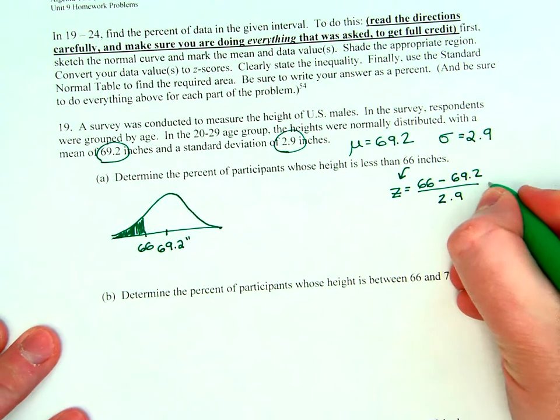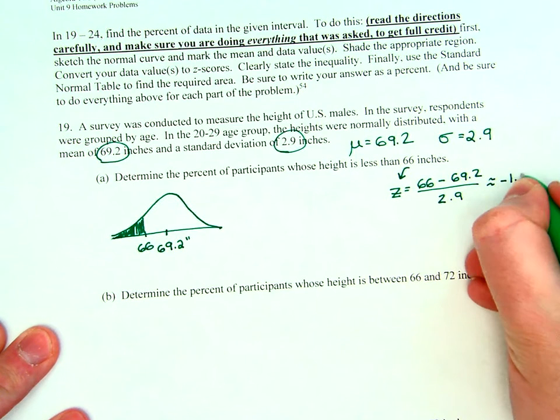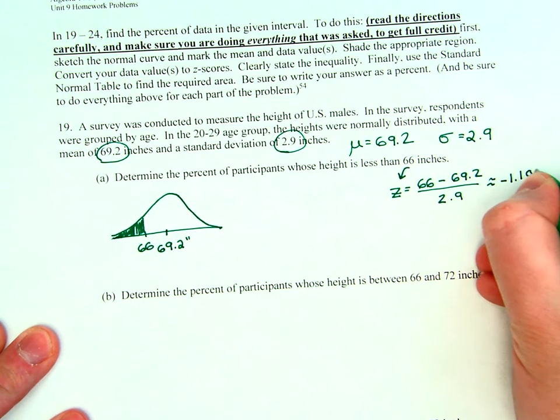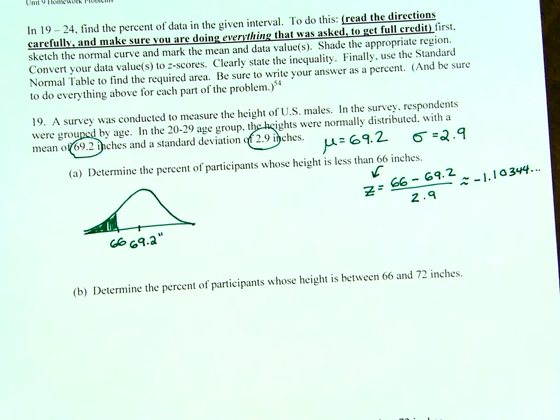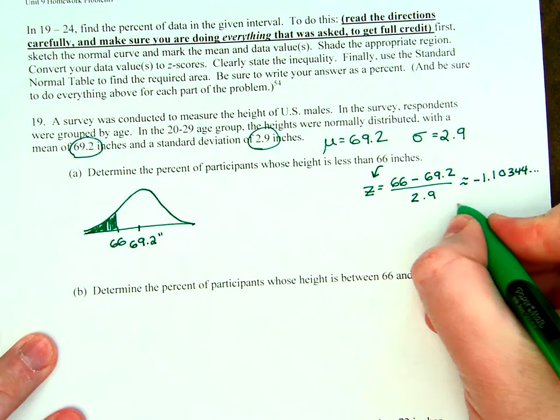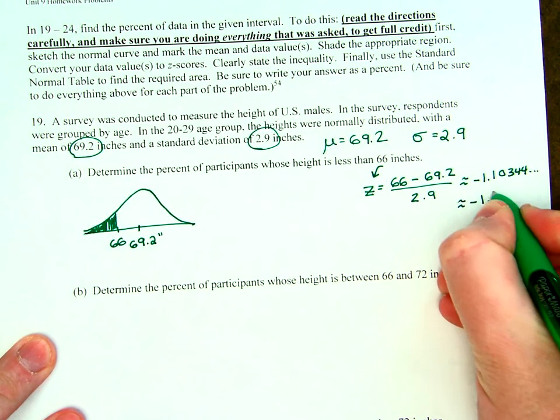Go to your calculator. You're getting a messy decimal here: 1.10344 and so on. Because I'm going to use my standard normal table and everything there is given to 2 decimal places, I need to round this. I'm going to say this is negative 1.10.